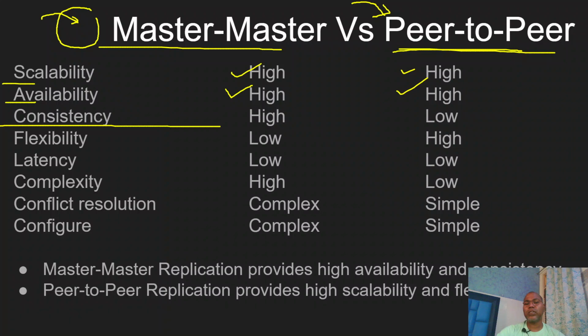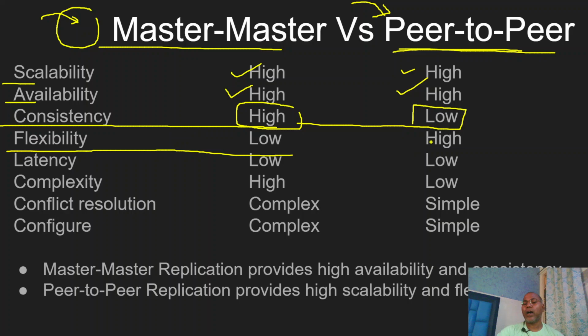But consistency is very high in master-to-master and low in peer-to-peer, because peer-to-peer sometimes does not provide a high level of consistency. But flexibility is very high in peer-to-peer databases and very low in master-to-master, because generally they are very rigid and strict consistency rules apply so that we ensure we do not lose any data.